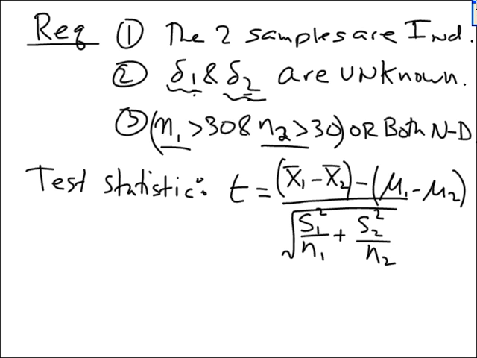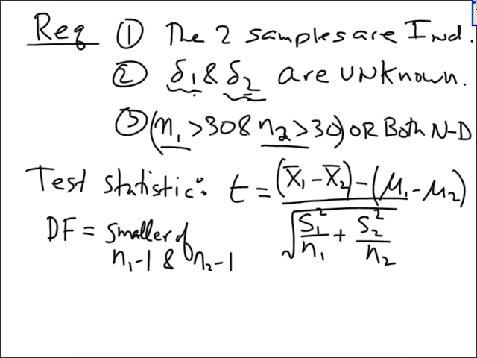And like always, when it comes to the t-table or t-distribution, we have to talk about the df, the degrees of freedom. Most books, not all, use the smaller of n1 minus 1 and n2 minus 1.